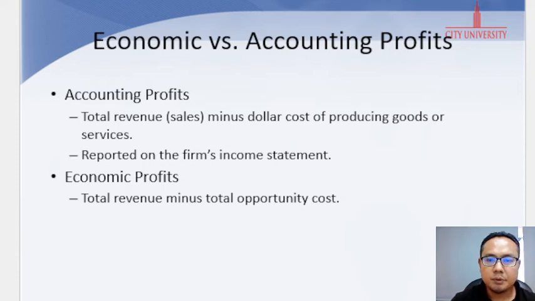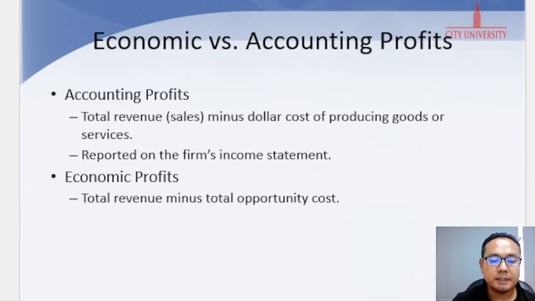The overall goal of most firms is to maximize profit, or the firm value, so before we go into detail, we have to examine and recognize the nature and importance of profit. To explain the nature and importance of profit, we can see two types of profit here: accounting profit and economic profit.